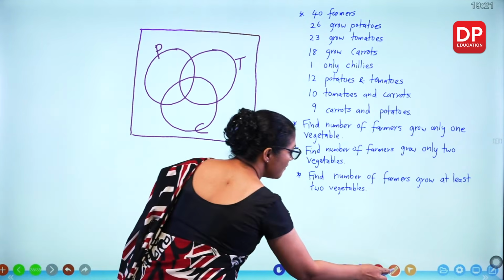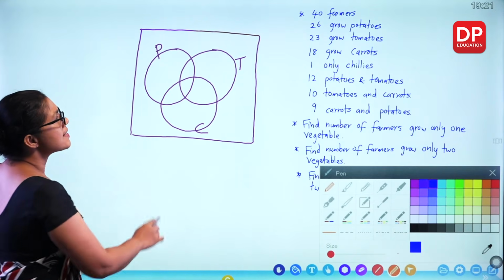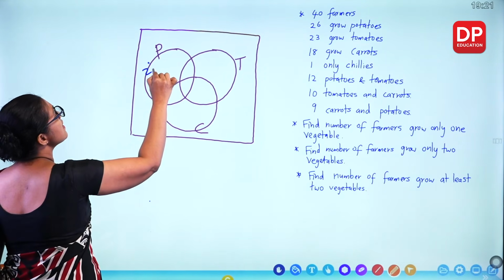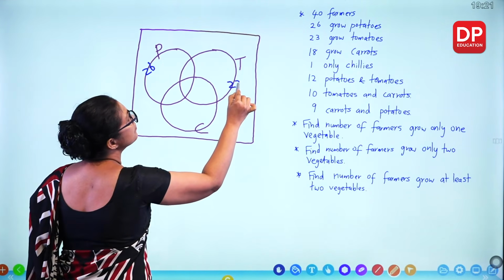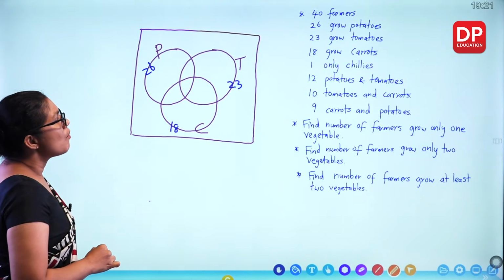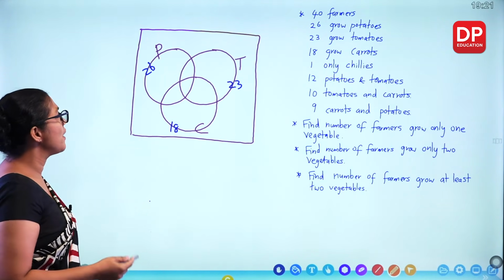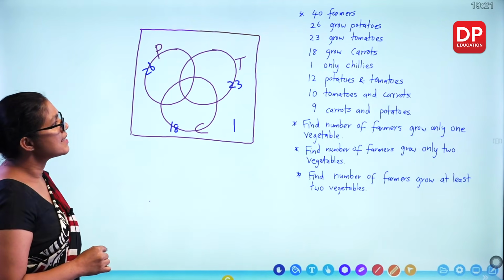And then we can mark the given information. 26 grow potatoes. 26 here. 23 grow tomatoes. 18 grow carrots. 1 only chilies. Chilies means not potatoes or tomatoes or carrots. So we can put outside the 3 circles.